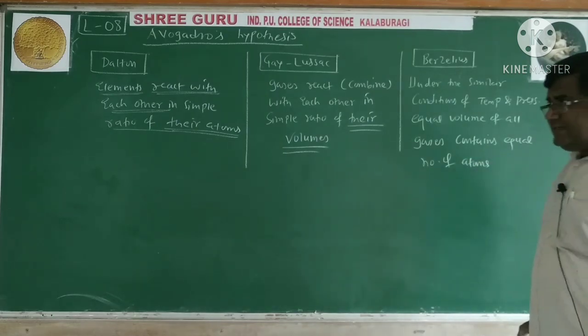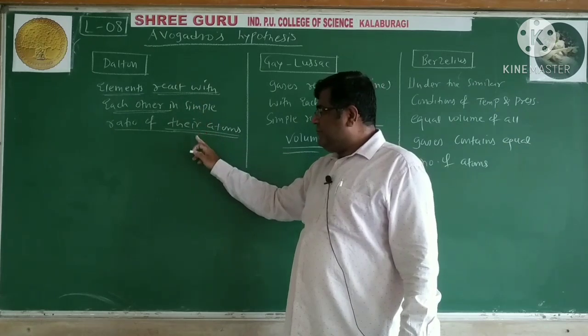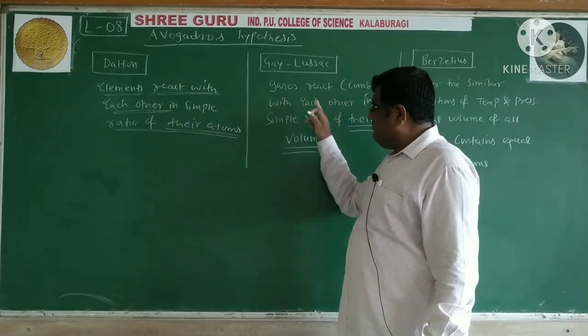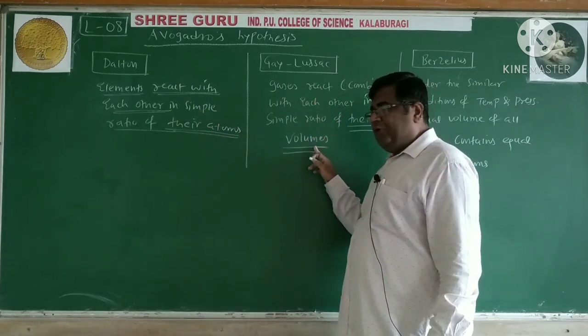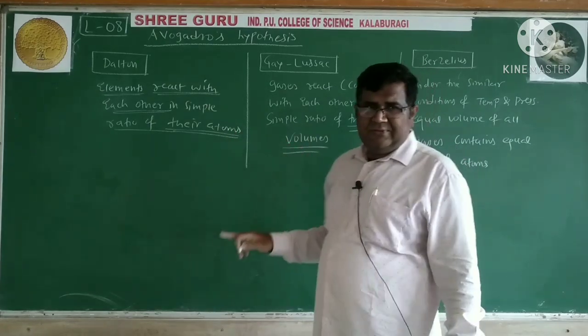As elements combine in simple ratio of atoms and gases combine in simple ratio of volume, their atoms and their volumes can be correlated.